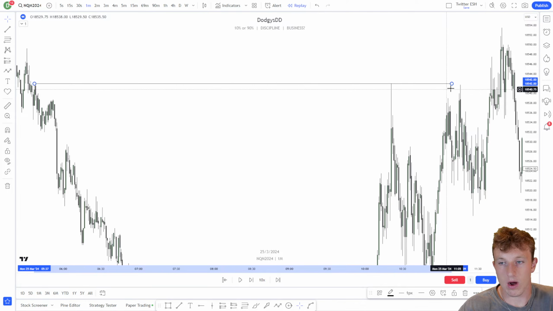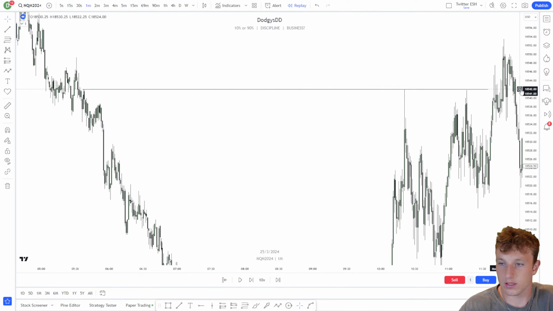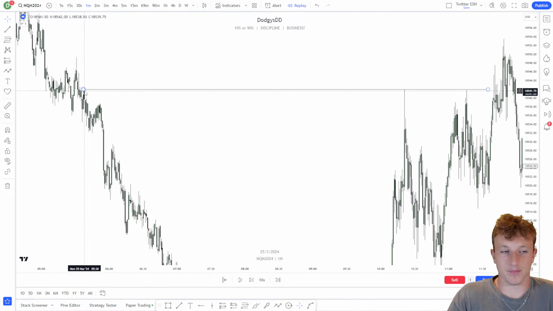See that? Now, how rare do you think it is to form a high on an 18,541 price? That's a really big price. Pretty rare, and that means something.